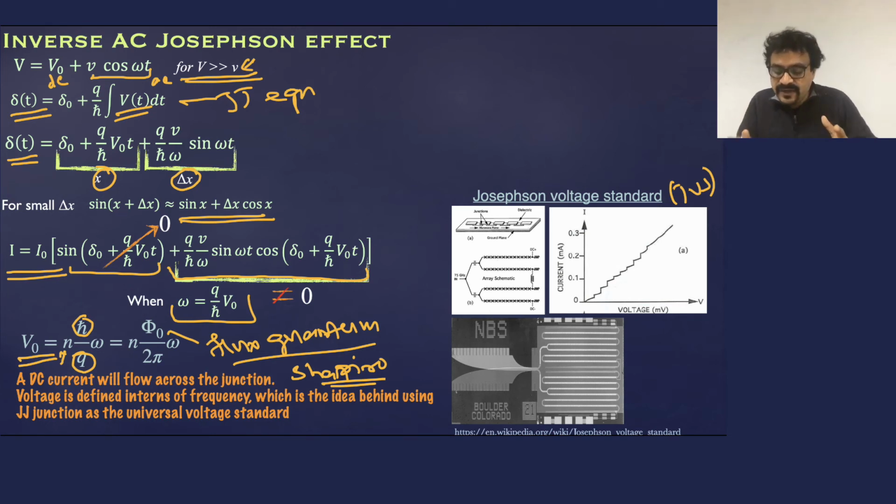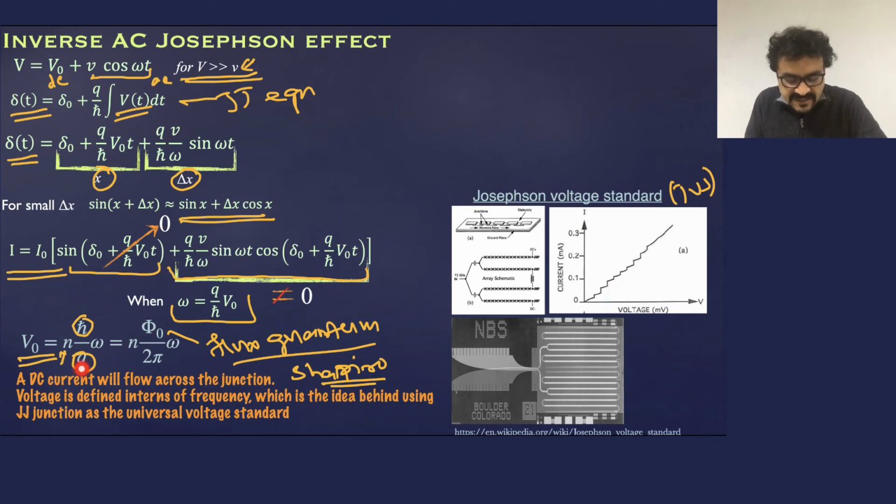So the device which is being used as a voltage standard consists of an array of these junctions, which is shown here. There is a microwave source which is used as an AC or radiation source. What you would do is vary the voltage and measure the current.